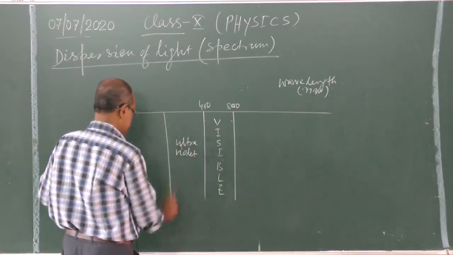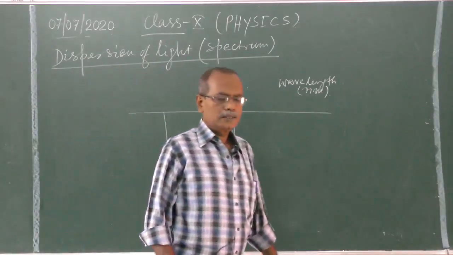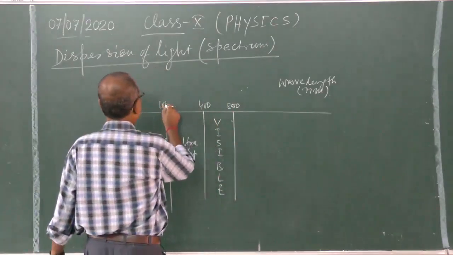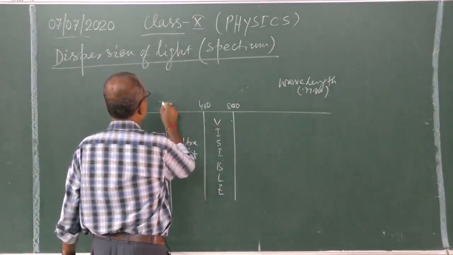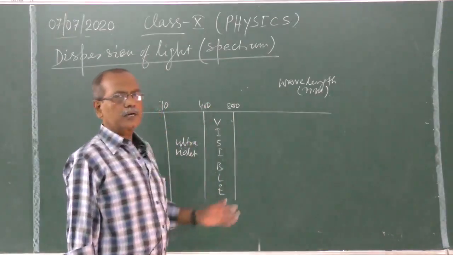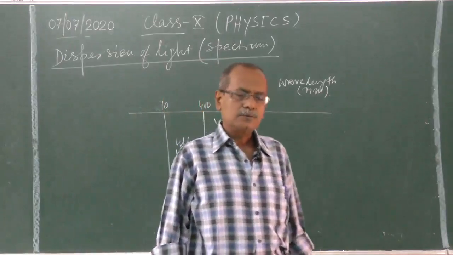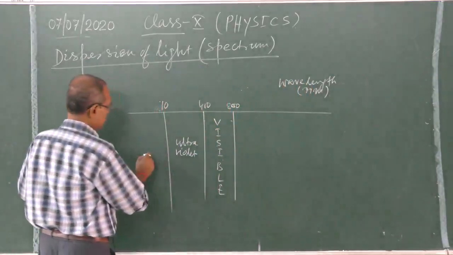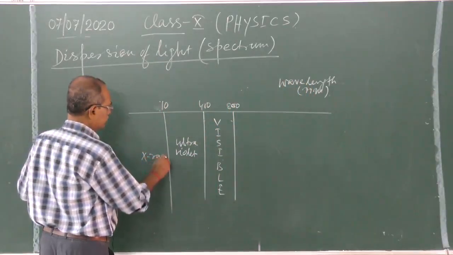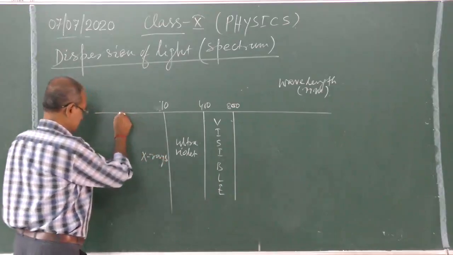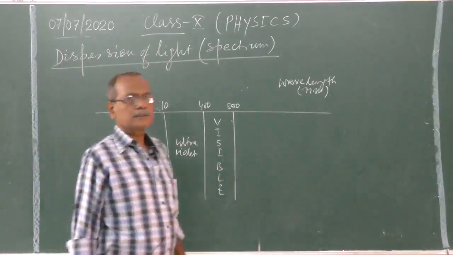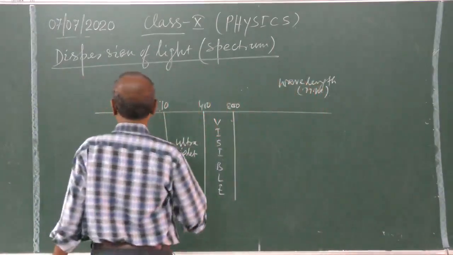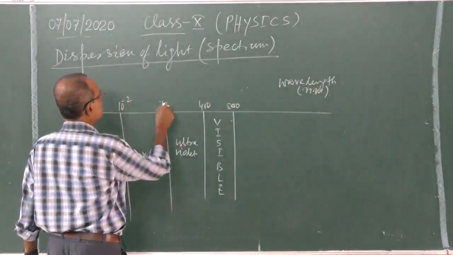Ultraviolet is from 100 angstrom or 10 nanometer to 400, varying from 10 to 400 nanometer. Then after that, X-rays, varying from 10 to the power minus 2 to 10 nanometer.